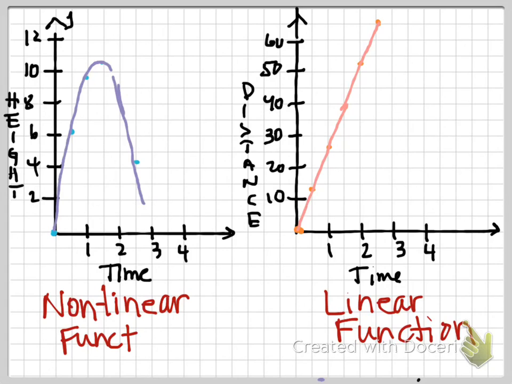So functions that don't form a line. They're still a function. That means they pass the vertical line test. They're considered a function, but they're not lines. So what we want to do is explore a little bit of different types of functions to see what they look like.